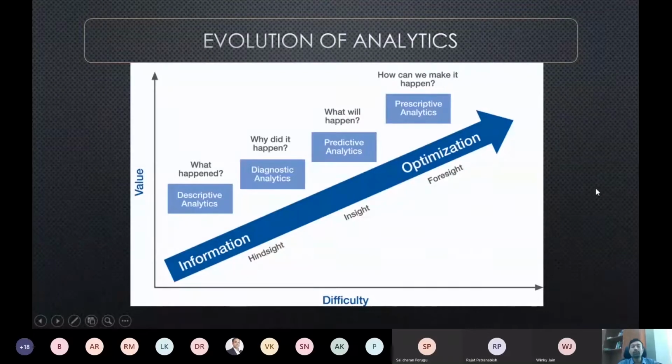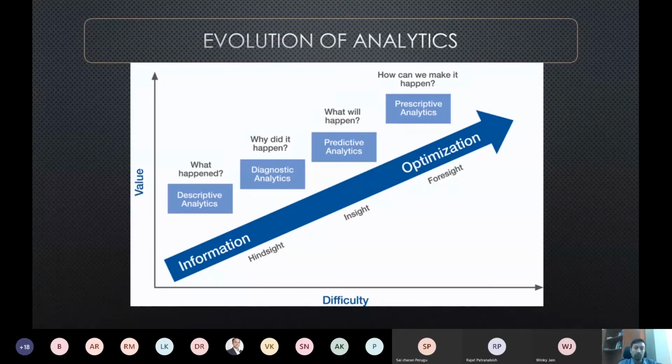So in order to address various needs of our clients, and we know that need is the mother of invention, analytics has evolved to address various needs of clients and customers.